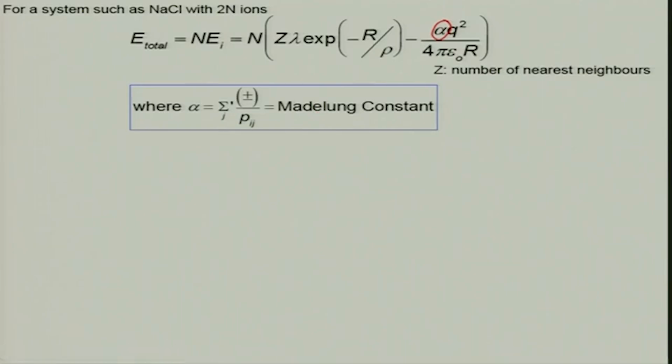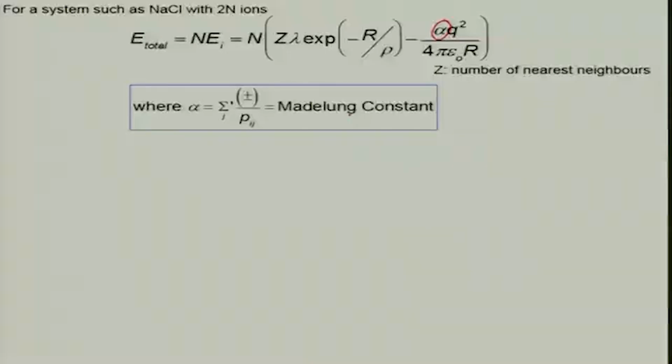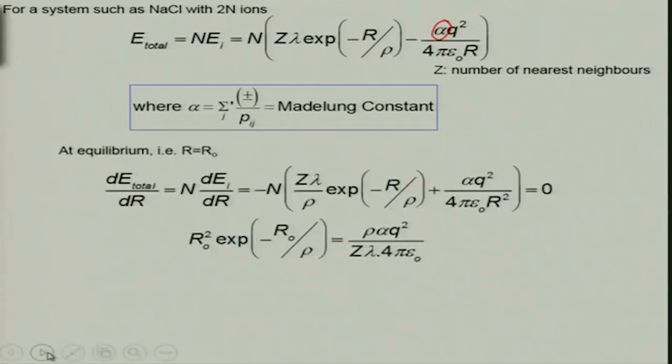So, for the first one it will be 1, then it will be 2, it will be 3, 4 and so on and so forth, and signs will vary depending upon whether you have a like ion or an unlike ion, and that is how this Madelung constant, it is a series that should eventually converge. If it does not converge, then you have a problem. So, this is the general form of this expression where alpha is the Madelung constant and n is the number of molecules that you have in the system.